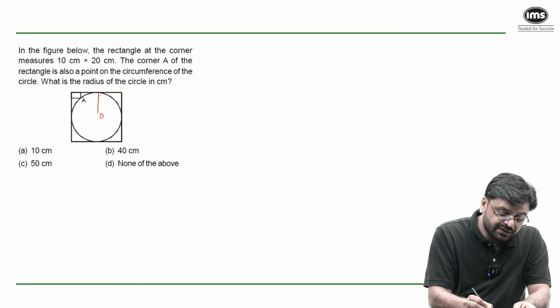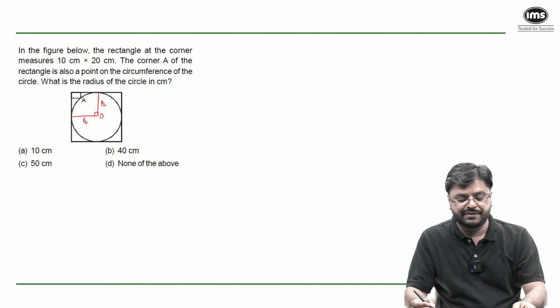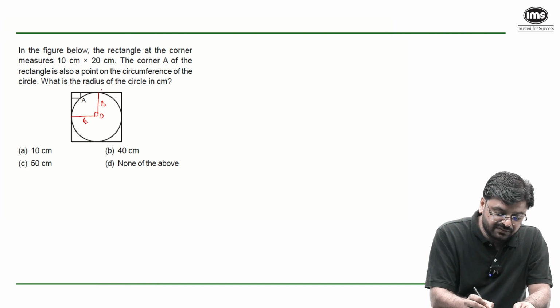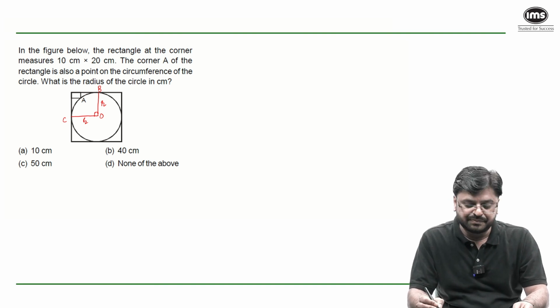If I join O to these points, these are radii. This is 90 degrees. So let us name the points B and C. OB equals OC equals the radius of the circle.